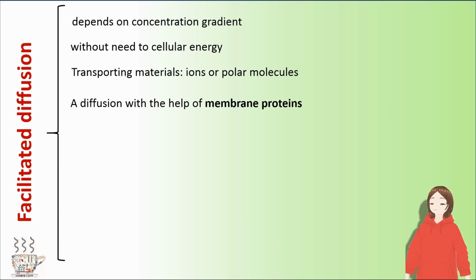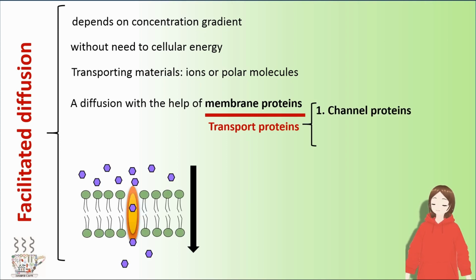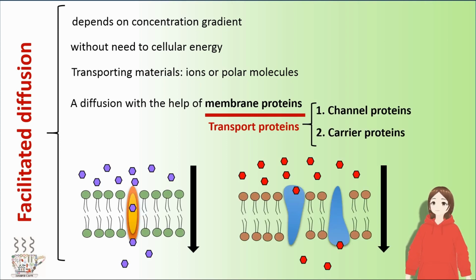It's diffusion with the help of membrane proteins. These proteins are called transport proteins and can be channel proteins or carrier proteins. I will talk about channel proteins and carrier proteins in the next videos.